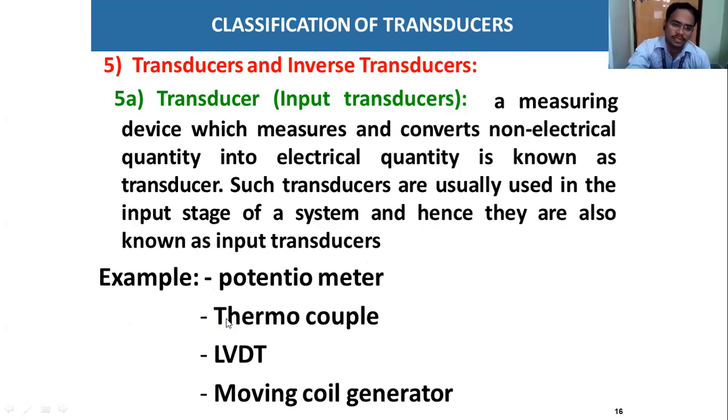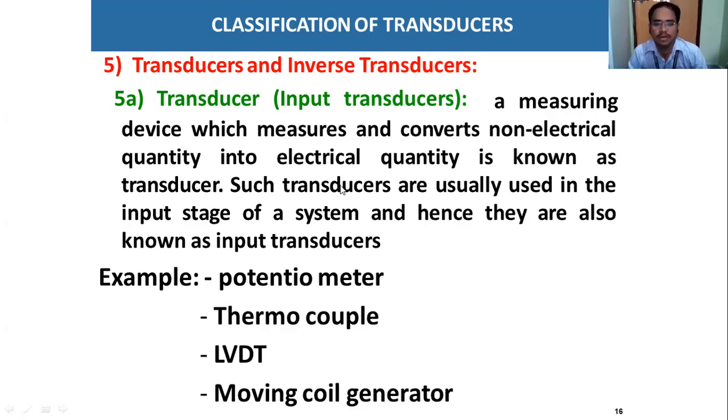Transducers themselves are of two types: transducers and inverse transducers. Simple transducers are input transducers. A measuring device which measures and converts a non-electrical quantity into an electrical quantity is known as a transducer, an input transducer.